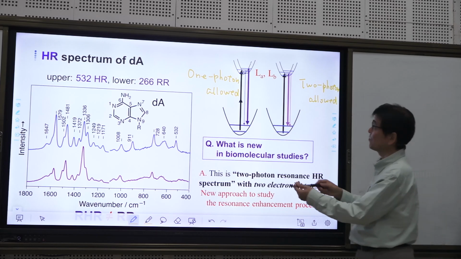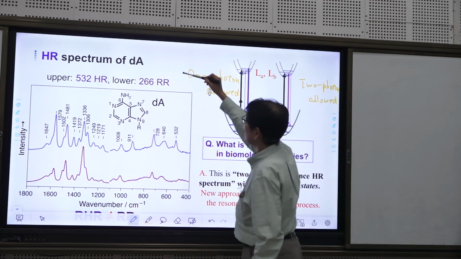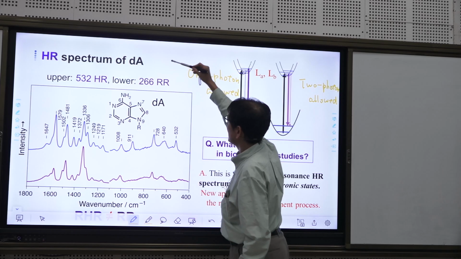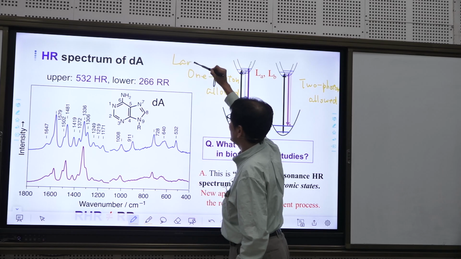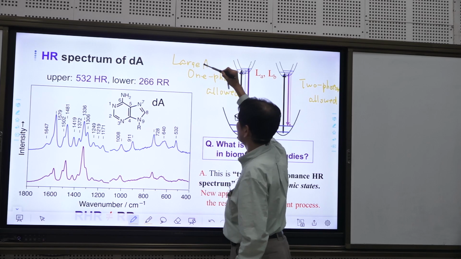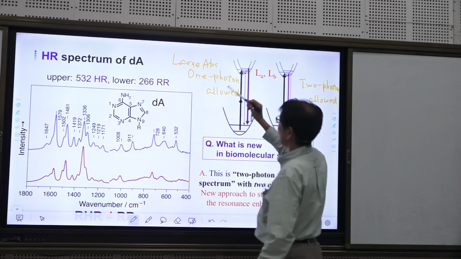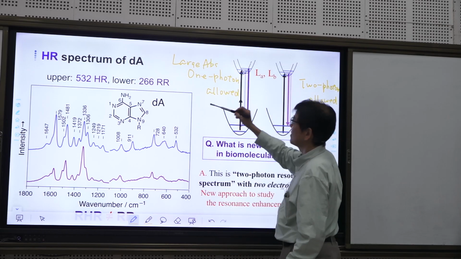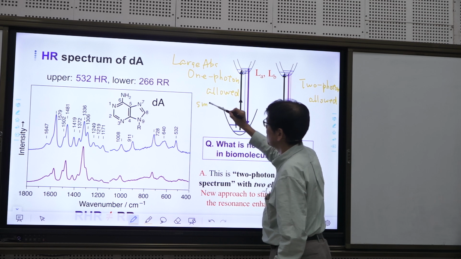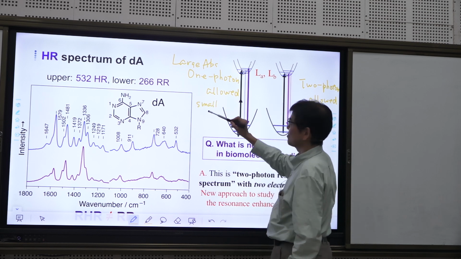So this is large absorption with one photon and small cross-section with two photons.